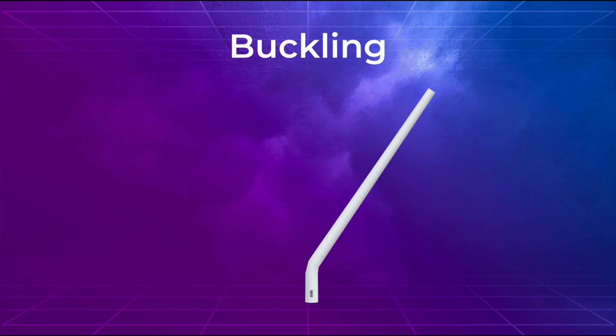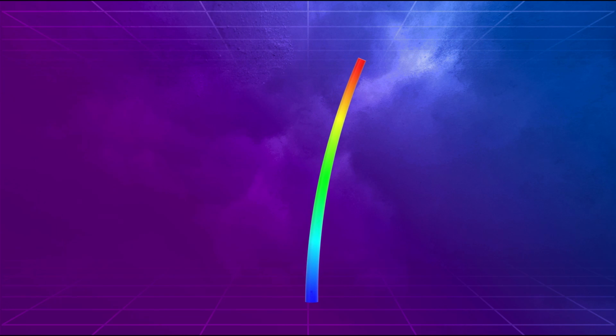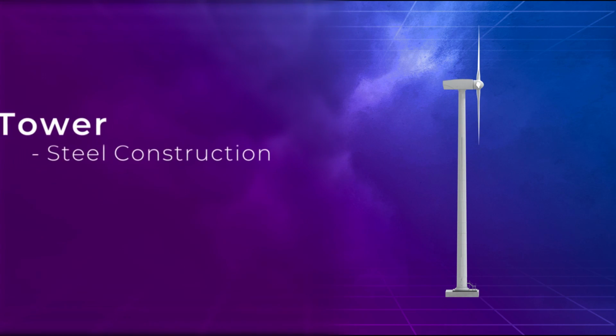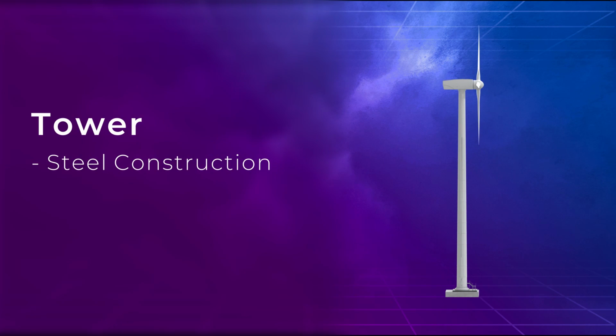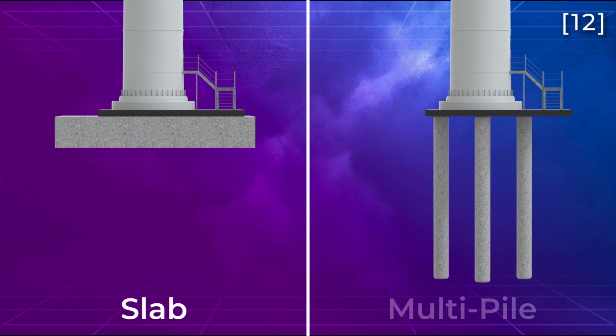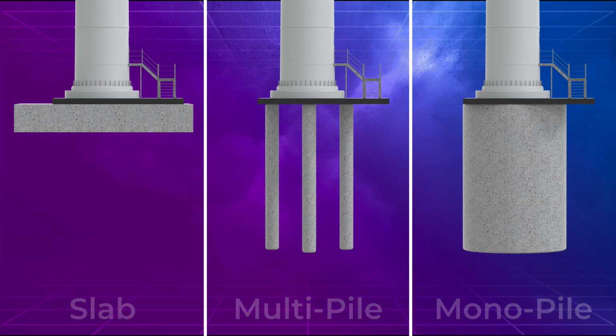Special consideration must be given to buckling and the first mode natural frequency to avoid the excitation of resonant tower oscillations caused by rotor thrust fluctuations. The vast majority of wind turbine towers are constructed from steel and have a very modest taper. Slab, multi-pile, and monopile foundations are used to provide support.